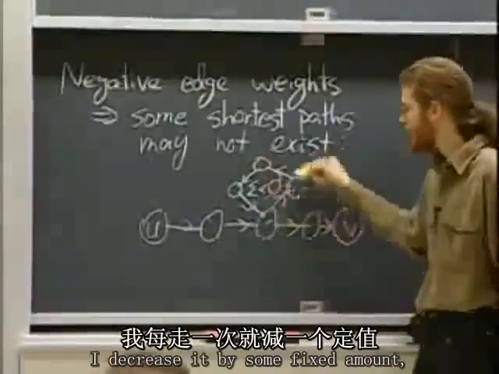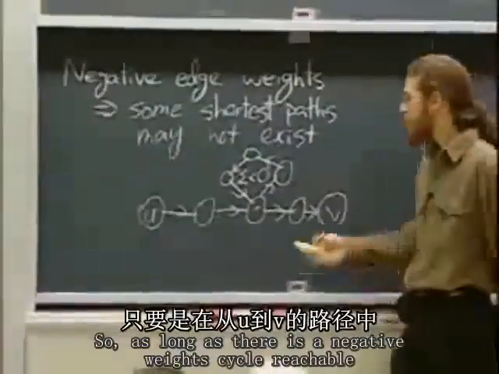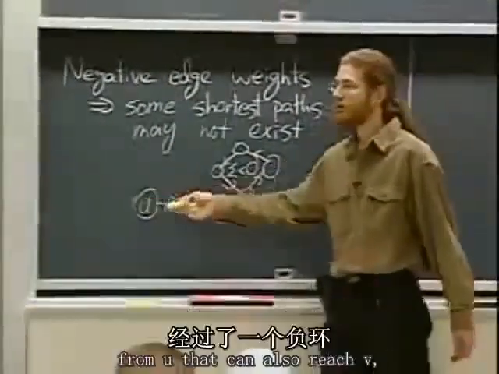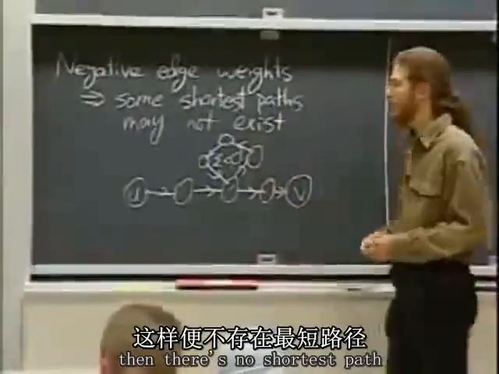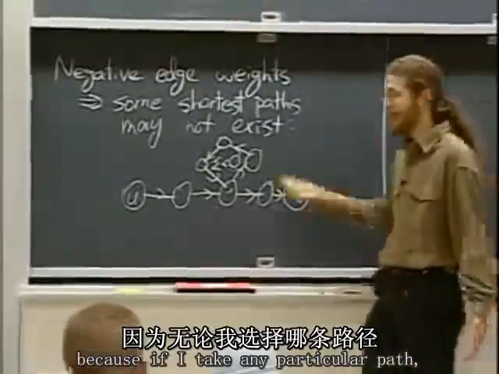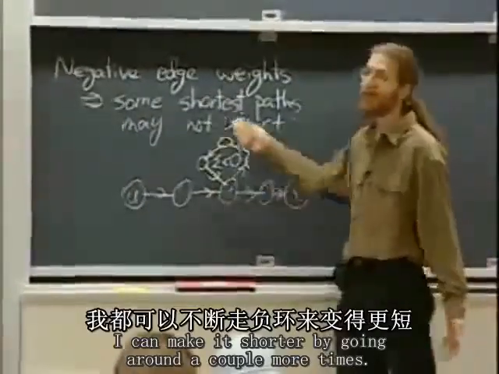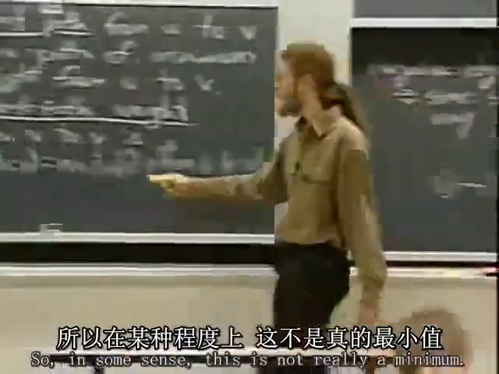I decrease it by some fixed amount, and then I can go to V. So as long as there's a negative weight cycle reachable from U that can also reach V, then there's no shortest path. Because if I take any particular path, I can make it shorter by going around a couple more times. So in some sense, this is not really a minimum.